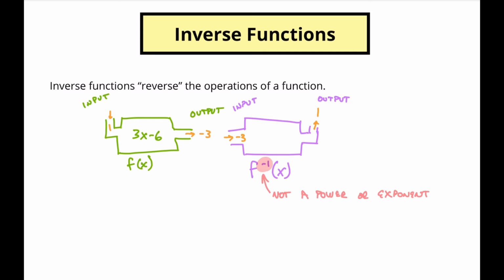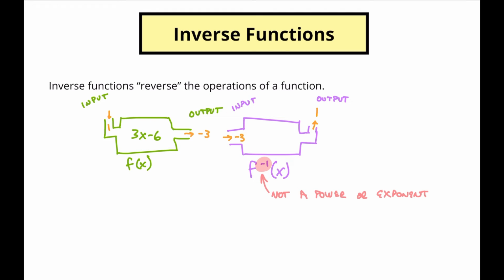So when you see this, don't get confused and think that this negative 1 means I'm taking it to the negative 1 power. That's not it. You have to look at the context. The context says f of x, we're using function notation. So if you see function notation and that negative 1 in the middle there, that means inverse. So there's going to be some rule that goes in here that's going to make this thing happen.